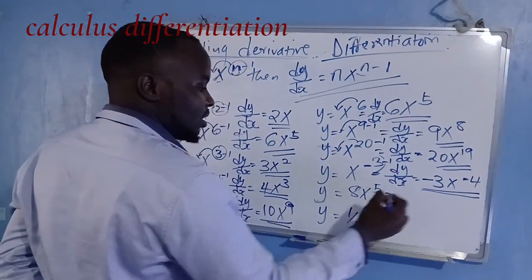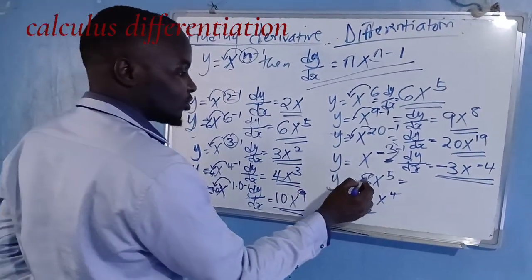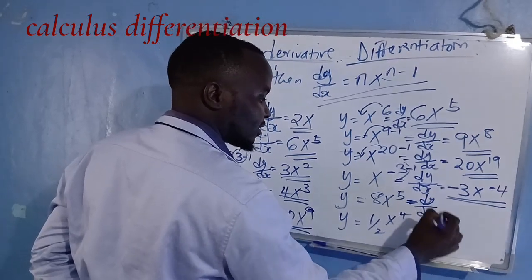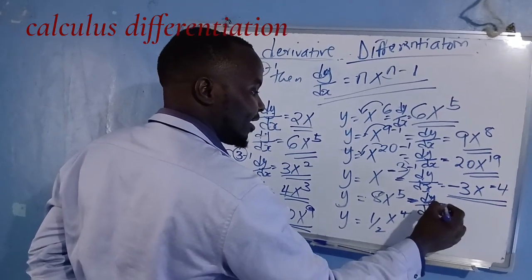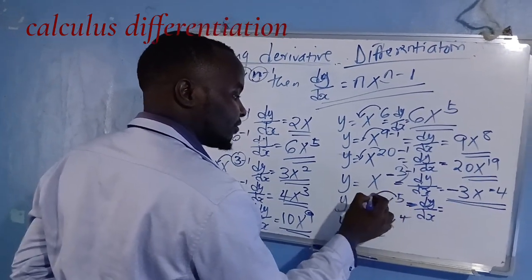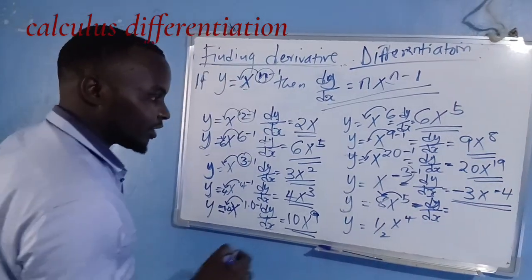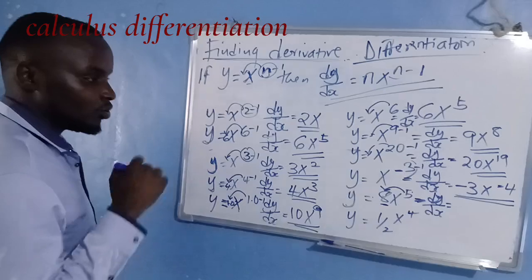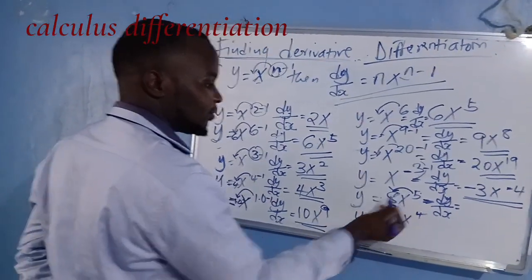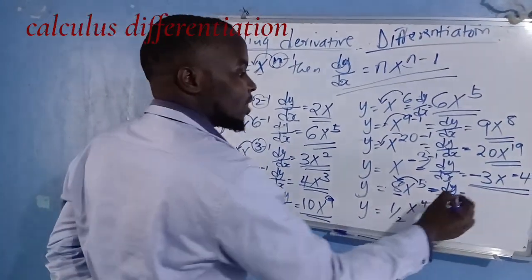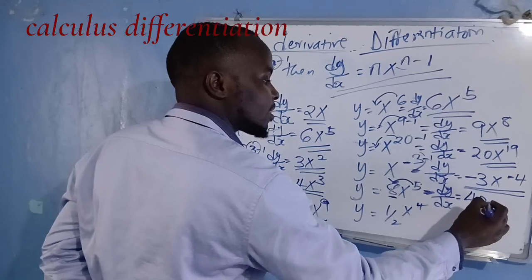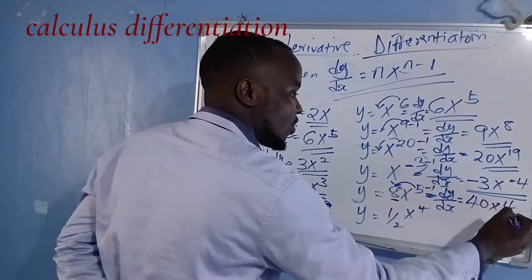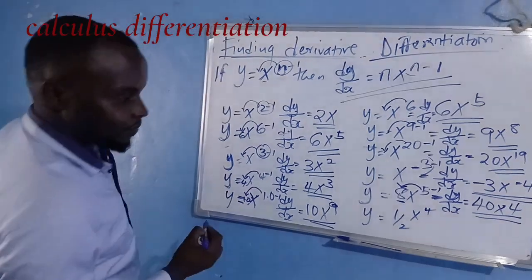Next example, we have y is equal to 8x power 5. To get your dy over dx, you take 5 to be the coefficient of x, and if there's another number here which is not 1, you multiply. So you'll have 5 times 8, which is 40. So you'll have 40x power 5 minus 1, which is 4. 40x power 4.